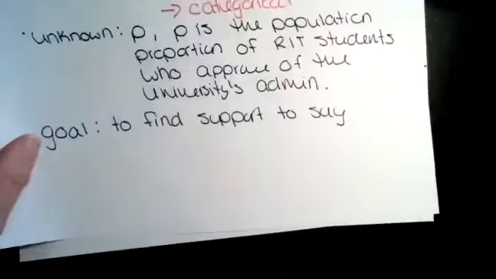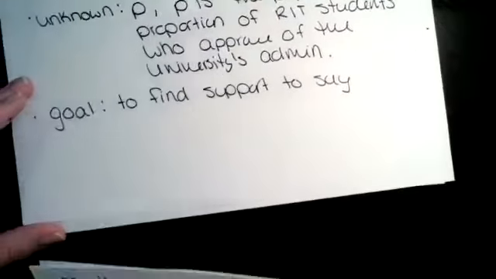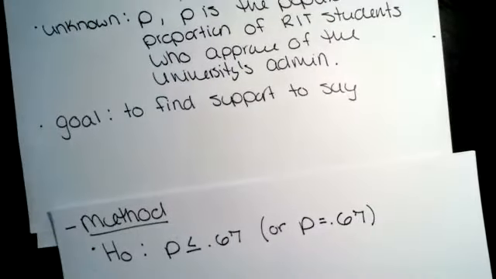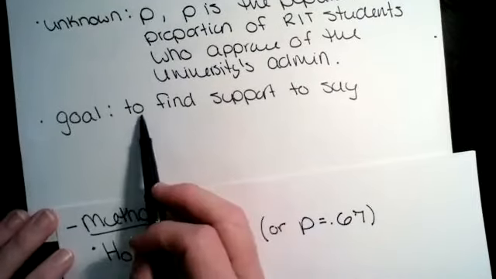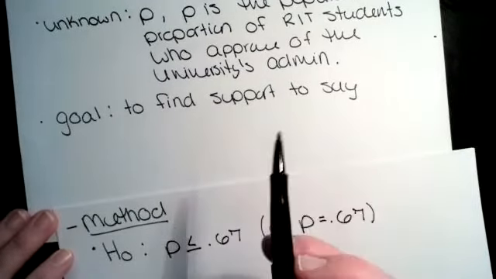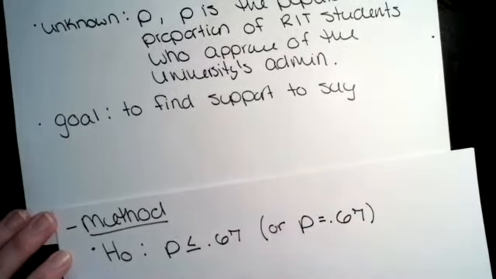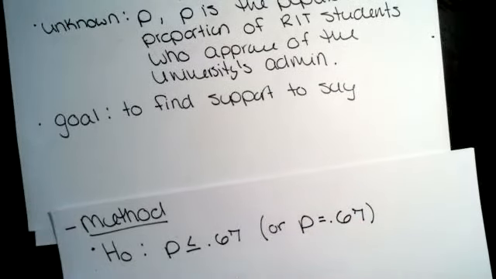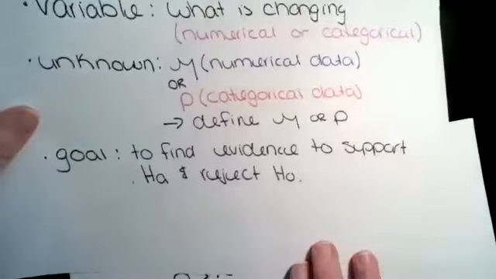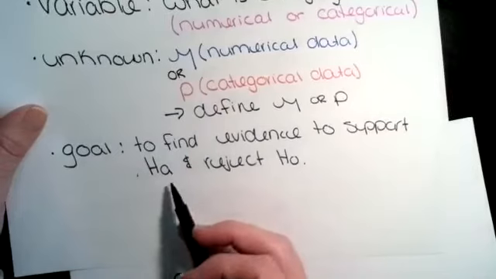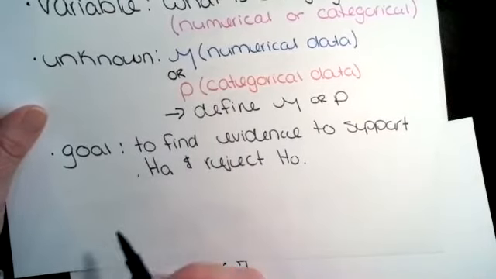I'm going to go back to the population real quick for us. So here the population says the goal is to find support to say. Now remember what we said before. I don't know if I can find it. Yep, right here. To find evidence to support the HA. That's what I want to write for my goal.